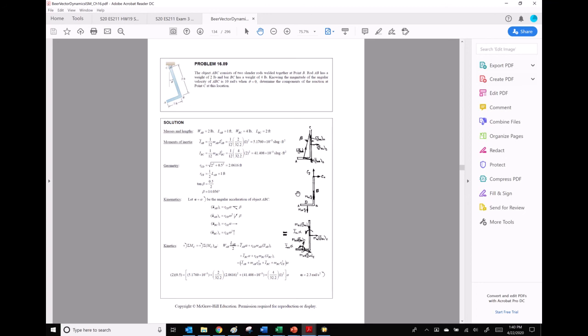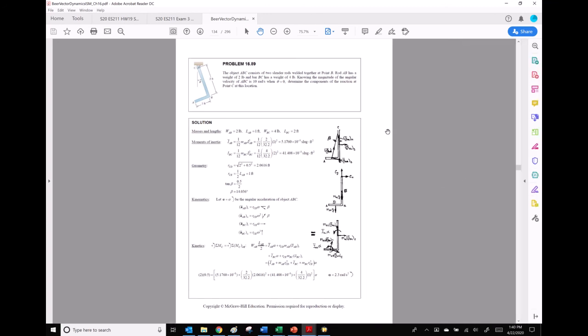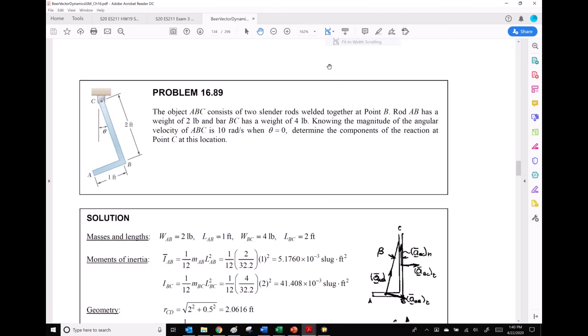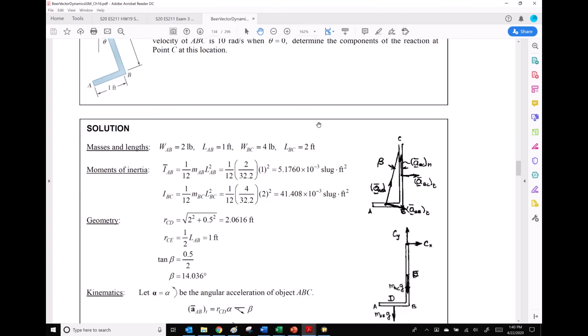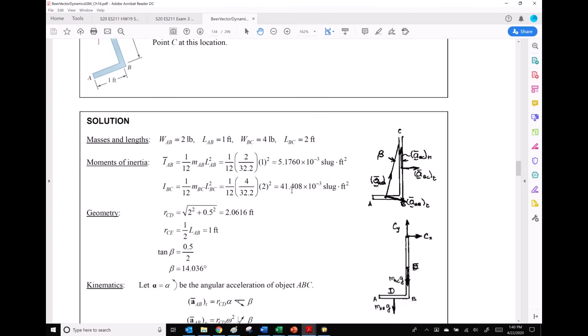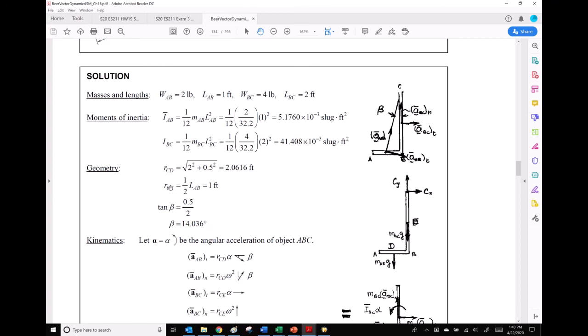Okay, and you'll still notice, as we're walking through this right here, they do all the same things. They get the mass moment of inertia of the individual parts. There should be a line over this BC, because you could tell that that's going to be about the center, both of those.